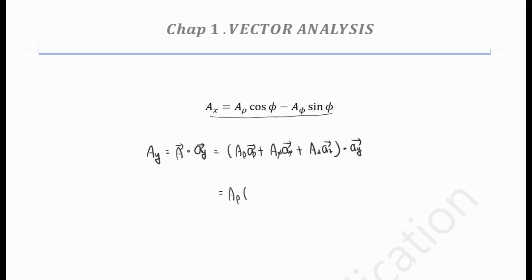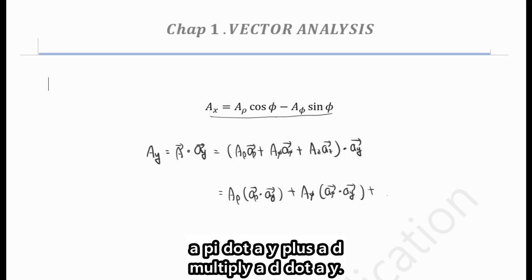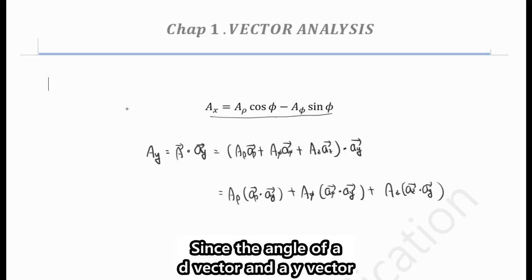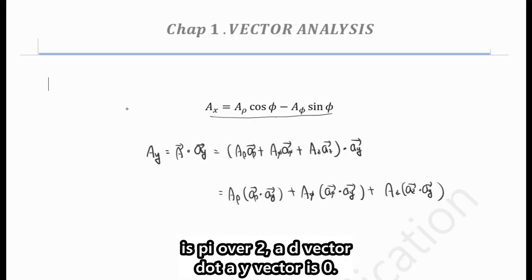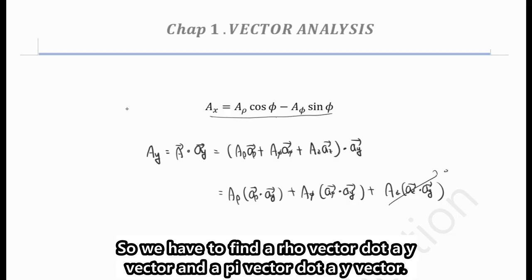Aρ multiply aρ dot ay plus Aφ multiply aφ dot ay plus Az multiply az dot ay. Since the angle between az vector and ay vector is pi over 2, az vector dot ay vector is 0. So we have to find aρ vector dot ay vector and aφ vector dot ay vector.